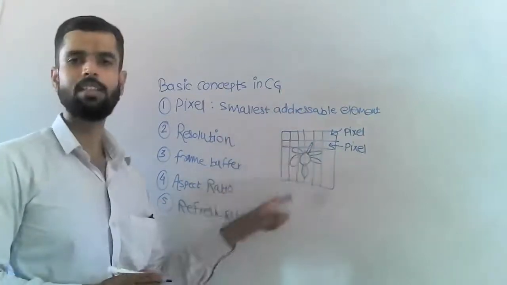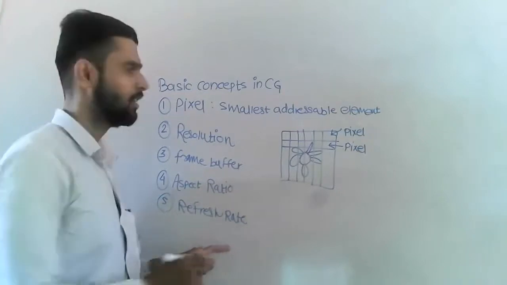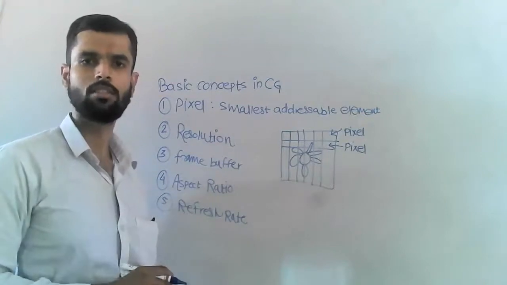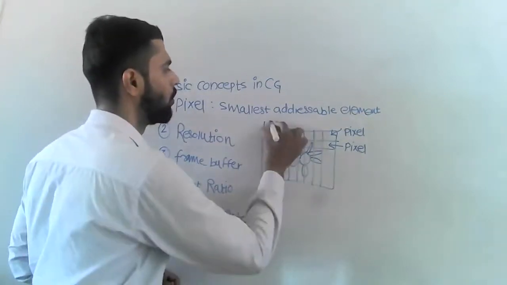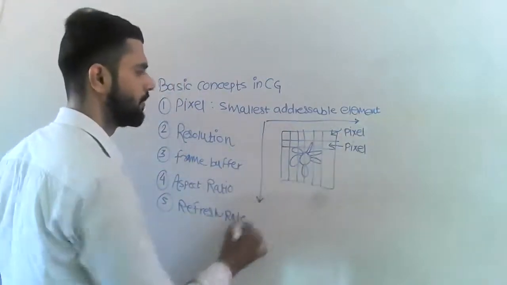Each pixel has one particular address. The computer screen is divided into two coordinates, x coordinate and y coordinate, like our normal Cartesian coordinate system.